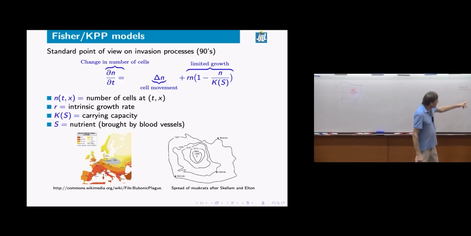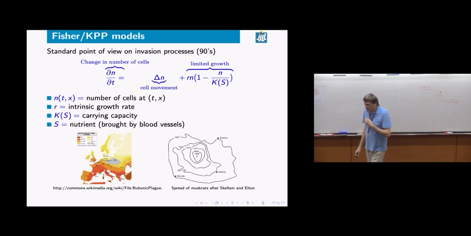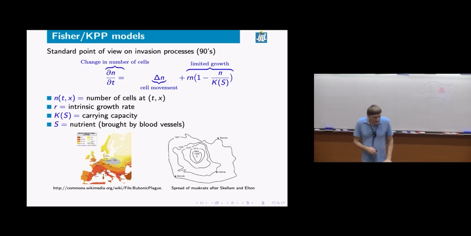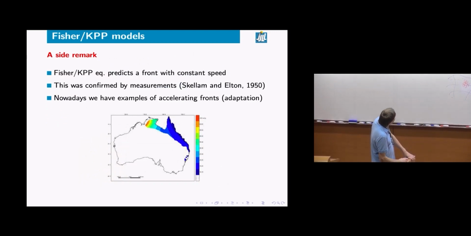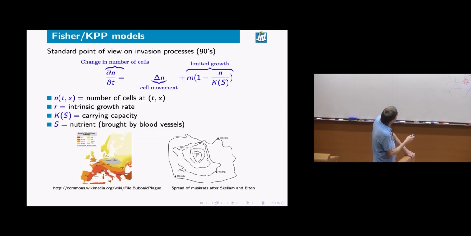So you can compute it from the equation. Not only is it constant in terms of mathematics, but it has also been measured experimentally, by the way. It's very well known.